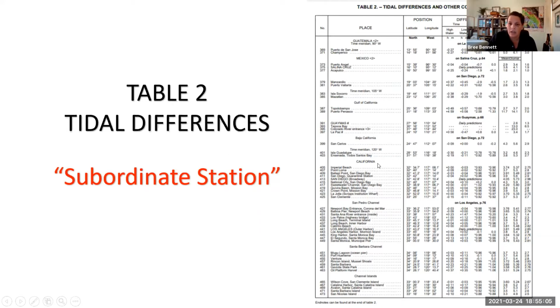This is where we get to Newport Bay Entrance, that's a subordinate station. Balboa Pier, that's a subordinate station. Long Beach, El Segundo, Catalina, Avalon, these are all subordinate stations that are referenced from our reference station of LA.